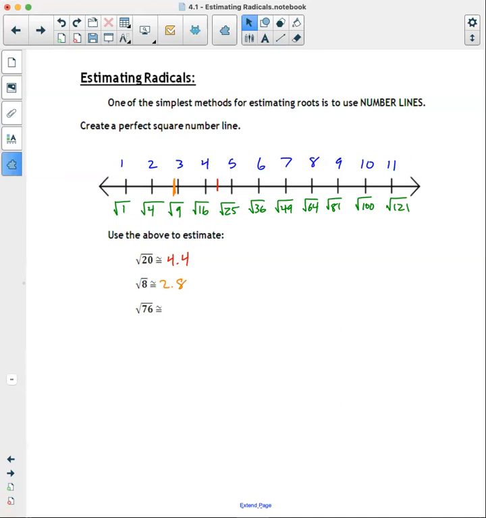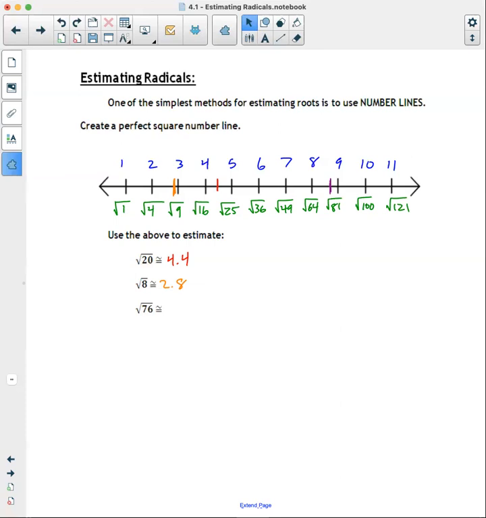Okay, lastly, root 76. So that's going to be somewhere in between root 64 and root 81. 76 is closer to 81 than it is to 64. So I'm going to put that a little bit closer to 9 than it is to 8.